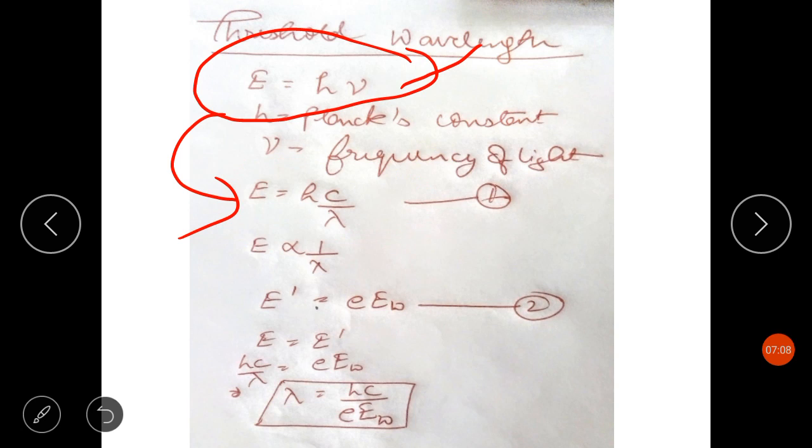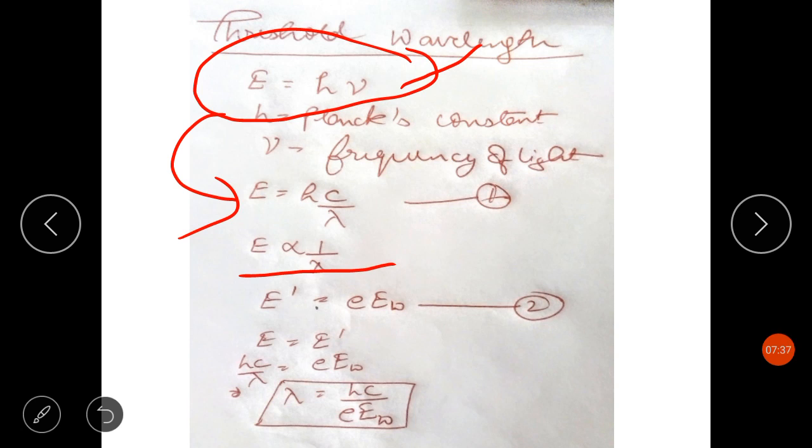So we can say that E is inversely proportional to lambda, or the energy of a photon is inversely proportional to the wavelength of light. As we know that light exists in the form of photons, the energy of photons is inversely proportional to the wavelength of that light.